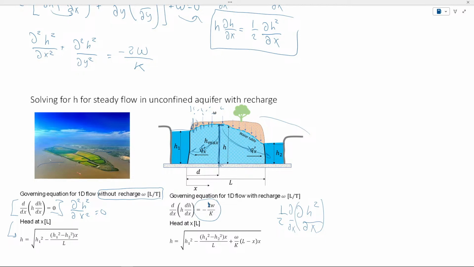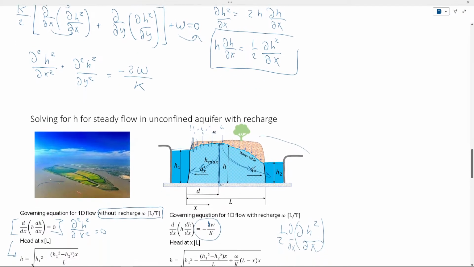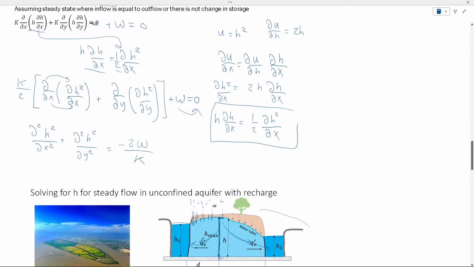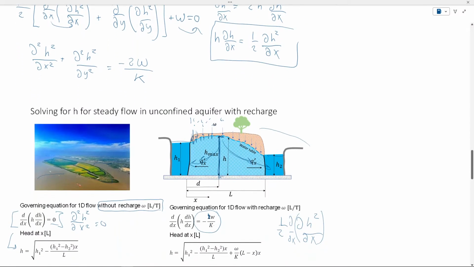So you just get something that looks like this. For this guy, this two shouldn't be there. It should be just like W, because of this.